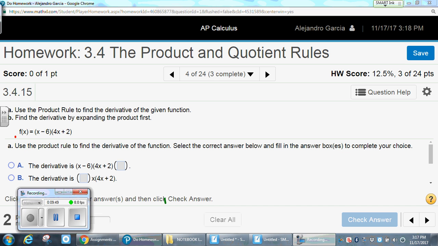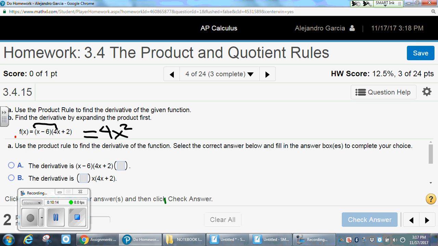Okay, so the next problem, we're going to use the product rule to find the derivative of the given function. That will be part A. And for part B, we're going to find the derivative by expanding the product first. So let's just expand the product first. Just write this somewhere on your notes. Here I'm going to multiply x times 4x. That will be 4x squared.